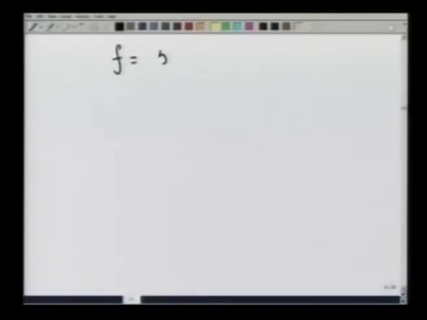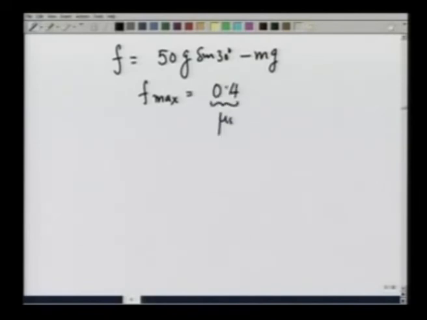So, we have the equation F equals 50 g sine 30 degrees minus mg, and F max possible is equal to 0.4, which is mu s, times 50 g cosine of 30 degrees, which is equal to 20 g cosine of 30 degrees.